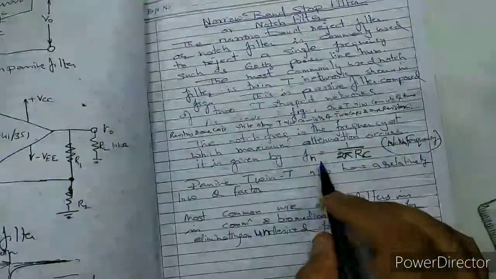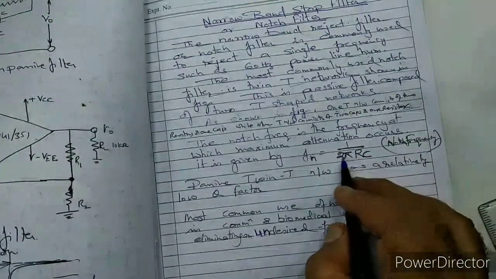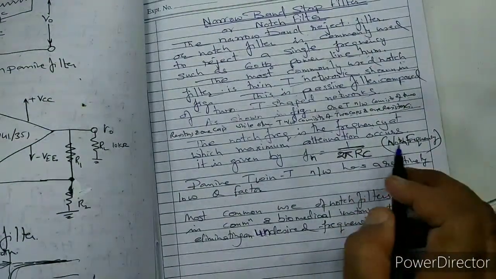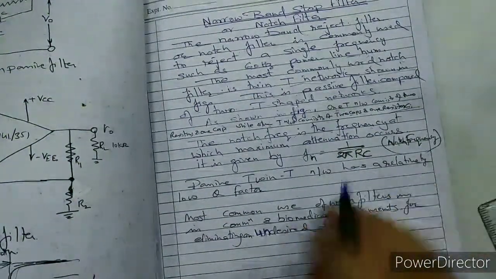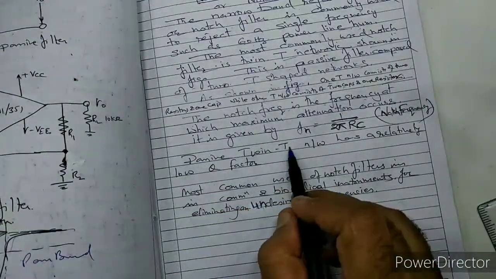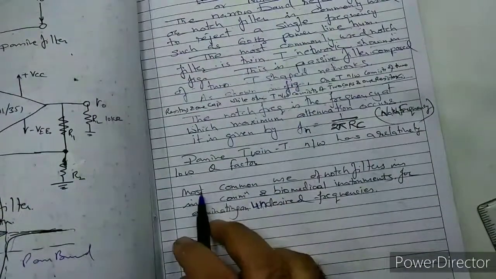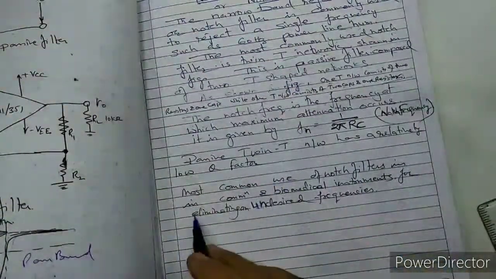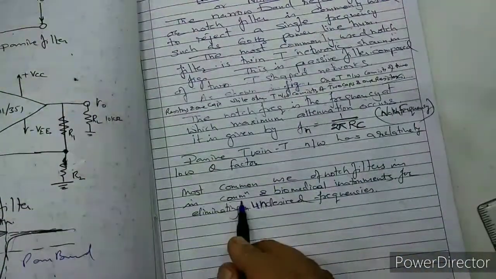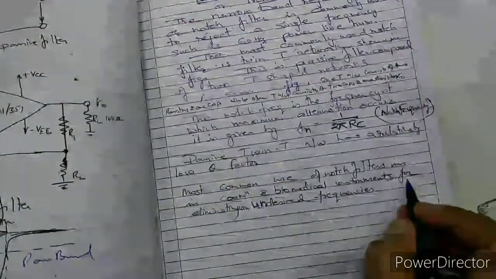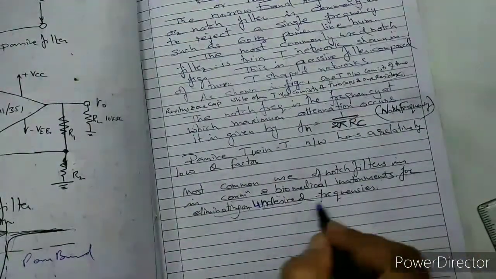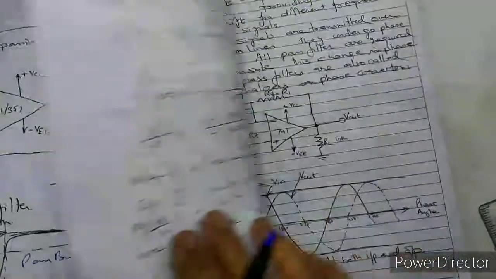It is given by Fn is equal to 1 upon 2 pi RC. That is called the notch frequency. Passive twin T network has a relatively low Q factor. The most common use of notch filter is in communication and biomedical instruments for eliminating undesired frequencies.